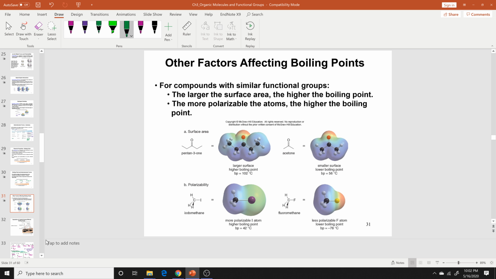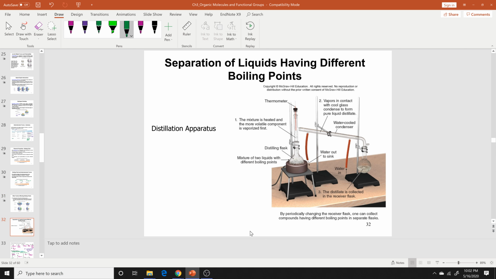They will occupy a larger surface area compared to the electronic cloud around the fluorine, which is more pushed towards the nucleus, and it occupies a smaller surface area because of the size of the atom. So that is going to make the fluorine less polarizable, and it's going to cause it to have a lower boiling point than that of the iodine.